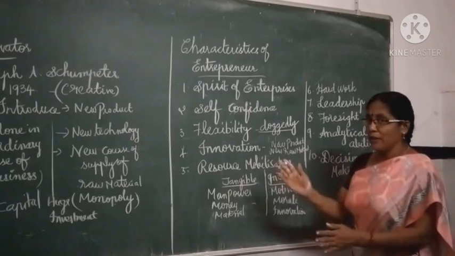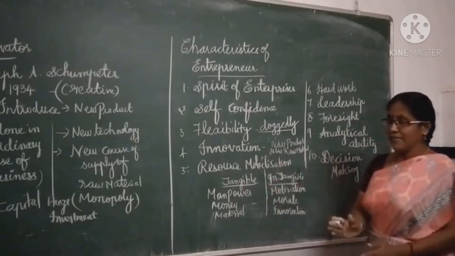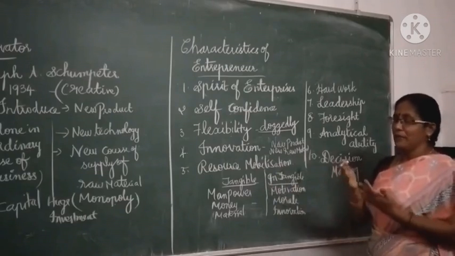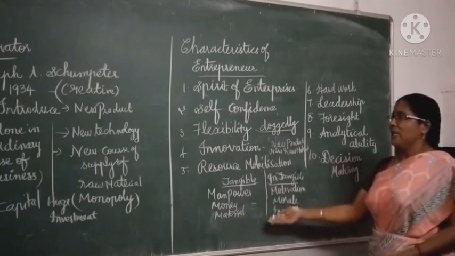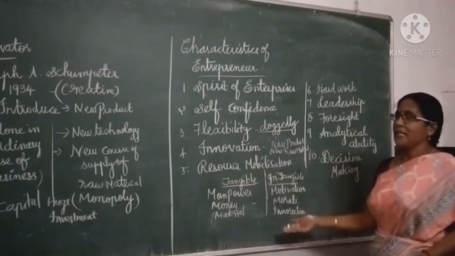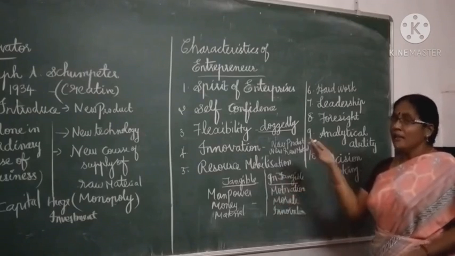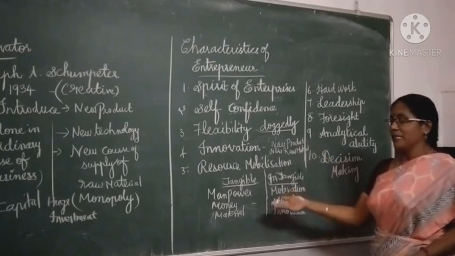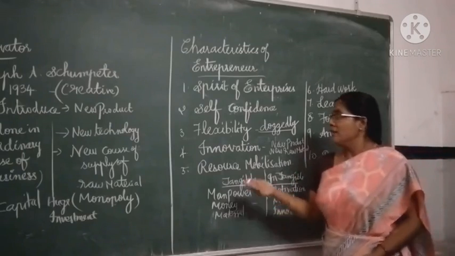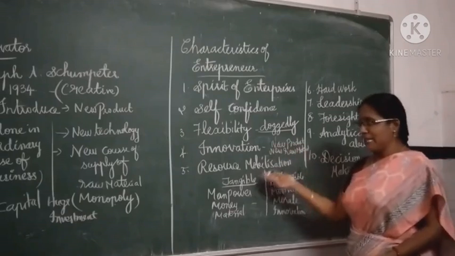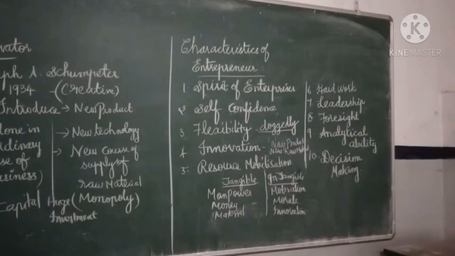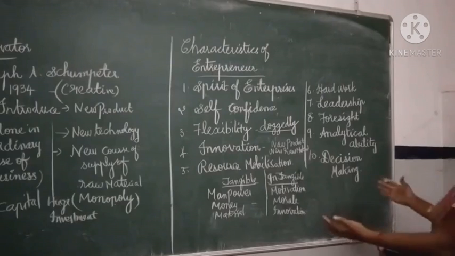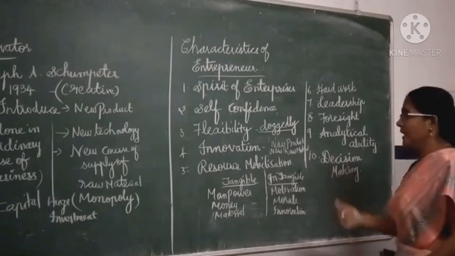Which one wants to come on the left side, the asset side, or which one wants to come into the liability side. So everything should be balanced. Tangible asset and intangible asset, he must balance, and he must bring a good product. So that kind of resource mobilization is very important. With these resources, he must bring an innovative product. He must fill the gap between the input, tangible and also intangible.